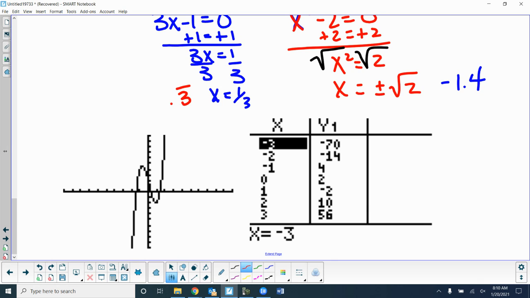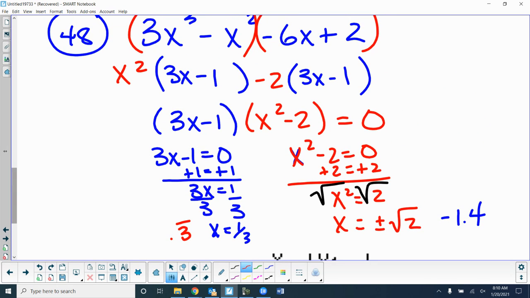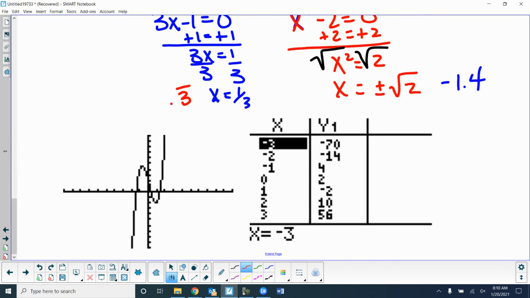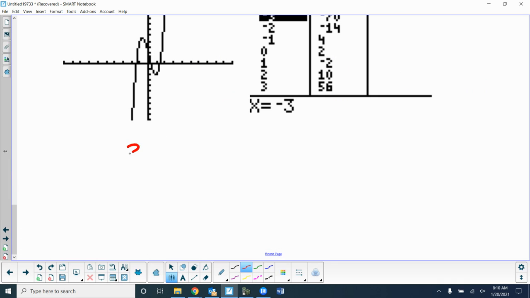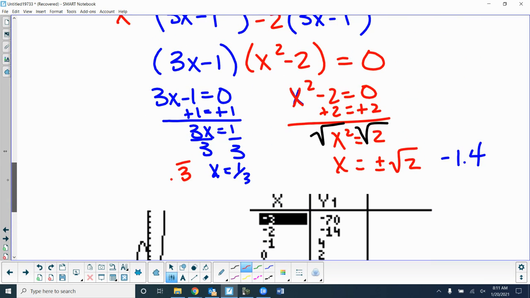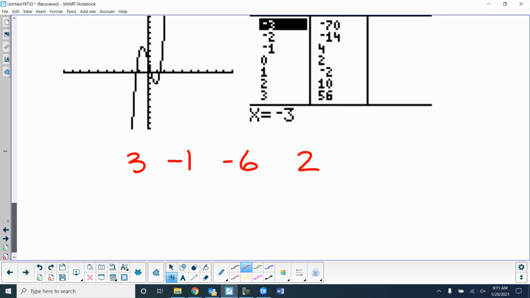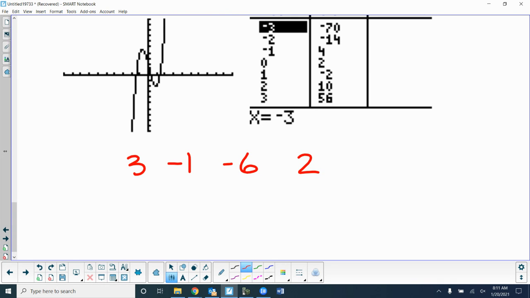All right? So let's use the 1/3 and our synthetic division. So we got a 3, -1, a -6, and a 2. Okay, those are the 4 coefficients, right? Make sure we got 3, -1, -6, +2. All right, got it. And I'm going to put 1/3 in here.